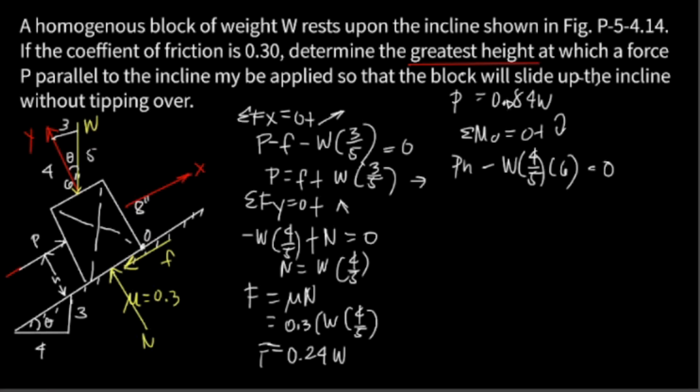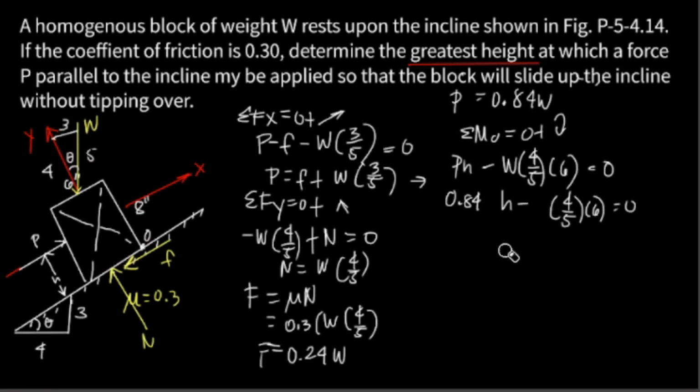Our P is 0.84 W. So 0.84 W times H minus W times 4 over 5 times 6 is equal to 0. We can divide both sides by W, since it is common, and the W cancels. So that is what is left.